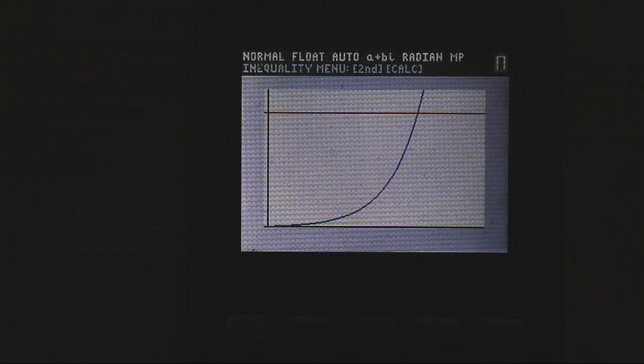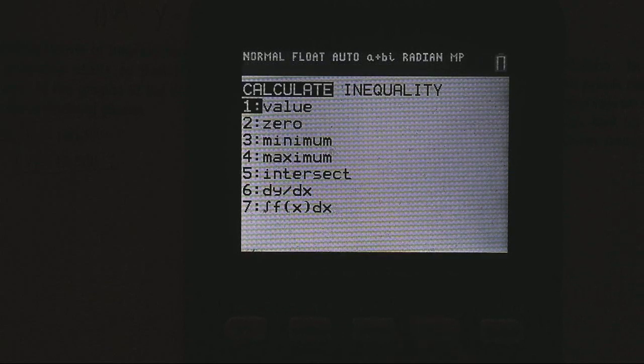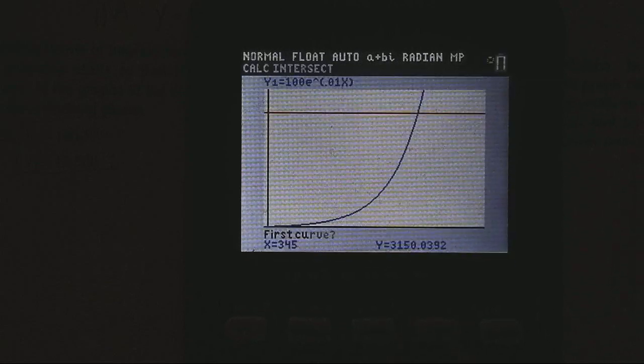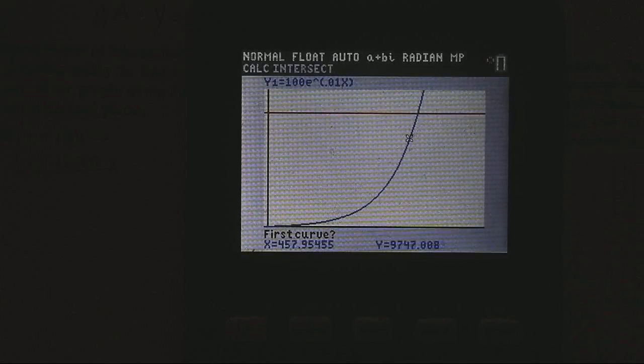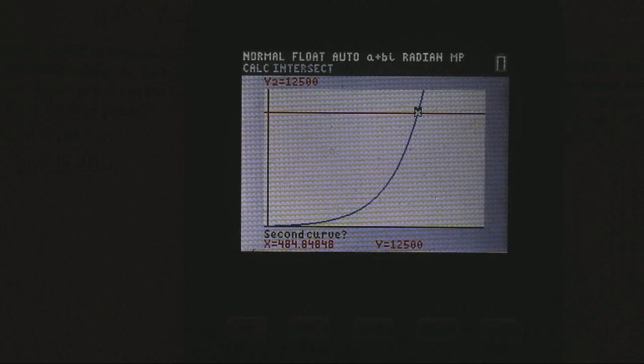And now we can second calc intersect. The first curve we're on is the exponential e to the, get close to the intersection, enter. Second curve, get close to it, enter.